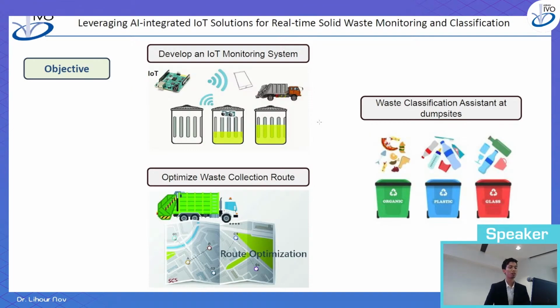So the objective of this research is to try to develop an IoT integrated system that can provide a real-time monitoring system. So we can call it a smart bin, where we put some sensors specifically on the collection bin for the trash, and then they can alert the status of the trash, whether it is overflowing or needs some certain action at a certain moment.